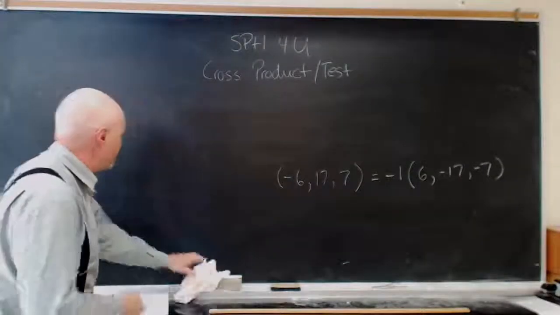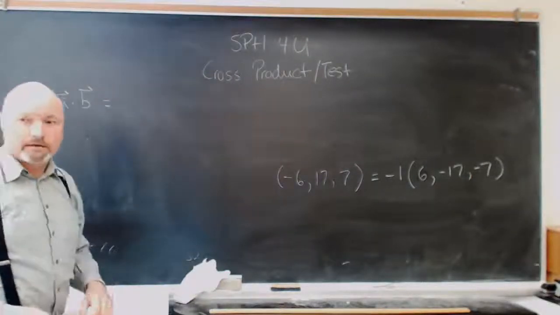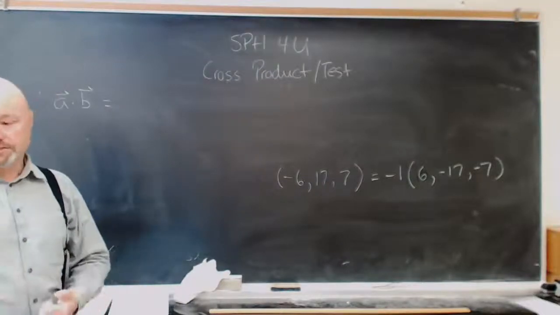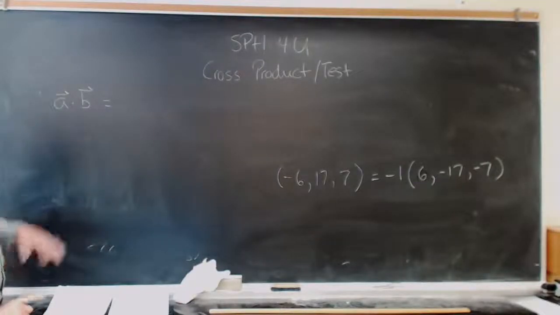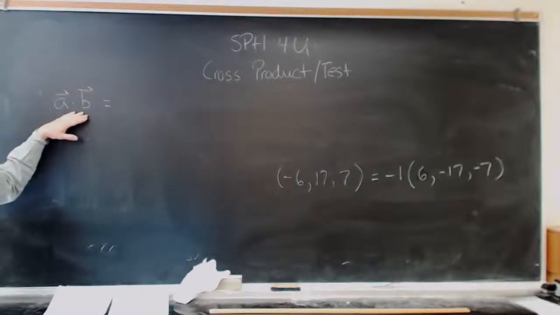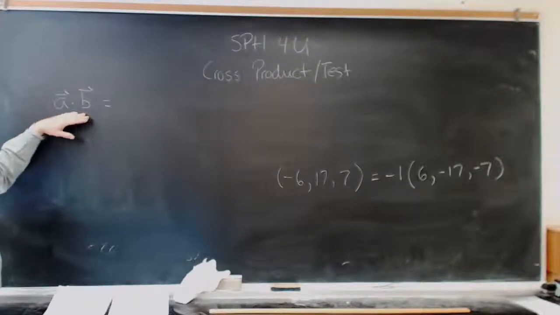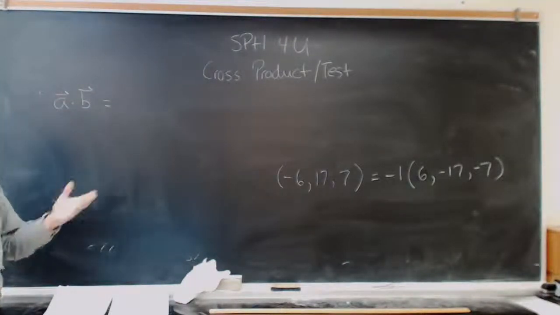So what does that result in? Does that give me a vector or a scalar? So RJ votes on vector for A dot B, Luke. What do you think? Is that a vector or a scalar? Vector? Yeah. RJ's thinking twice. Or, I think it might be scalar, just because it's a single number. We end up with a single number. That's right. So we say that that gives a scalar.